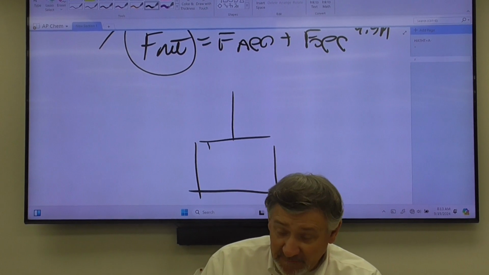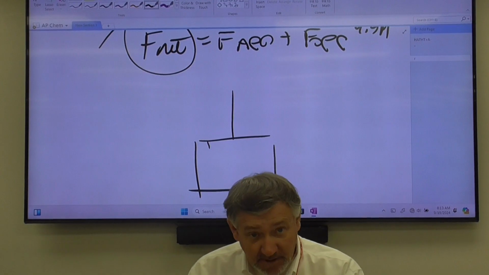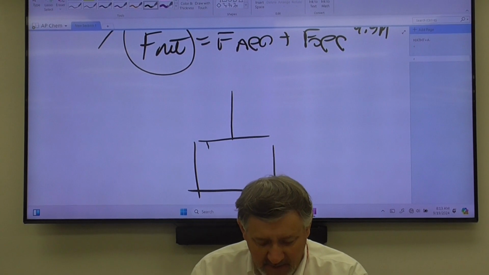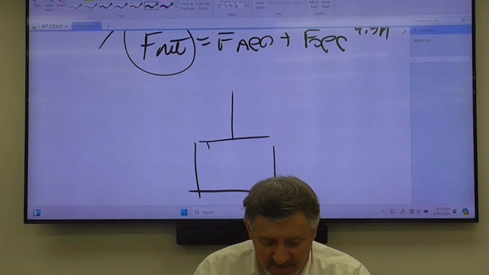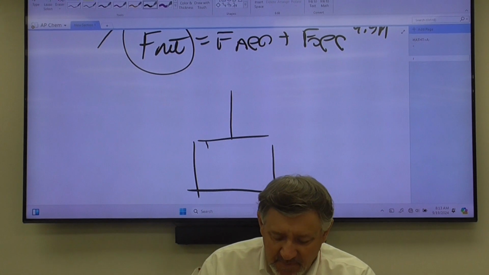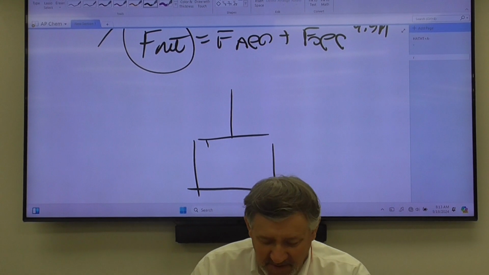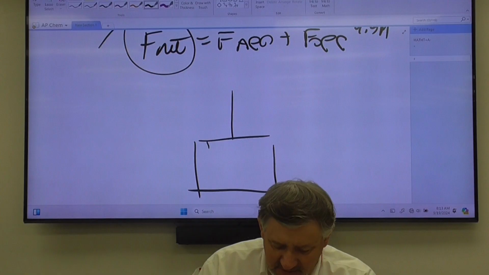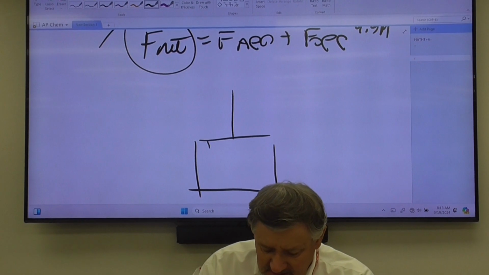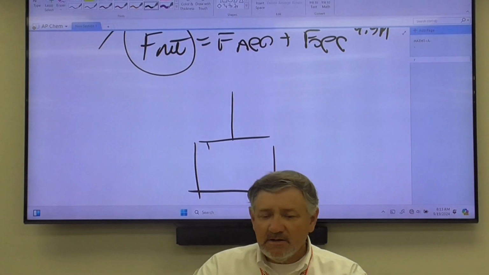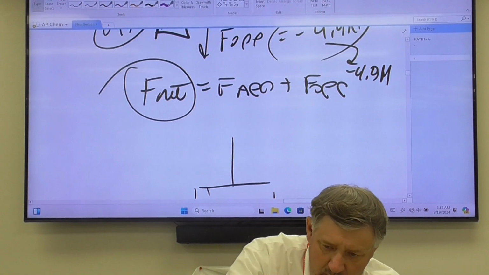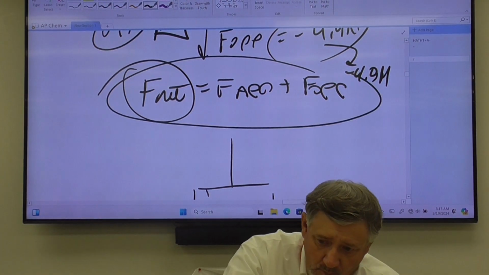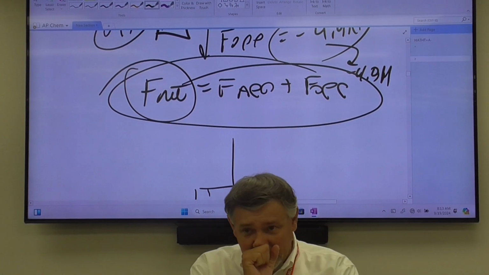The elevator obviously has mass as well, because elevators that don't have mass don't sell very well, because that's known as air. And the maximum force that the cable can withstand and not break is 2.96 times 10 to the 4th newtons. So oddly enough, you're going to start with this, okay?